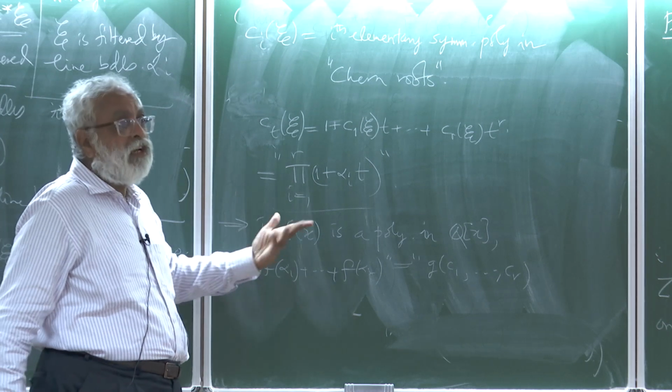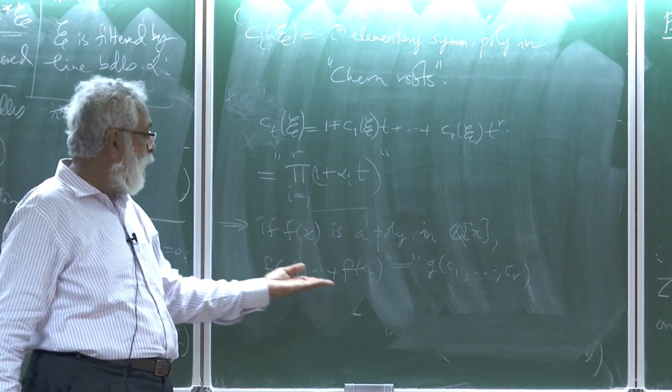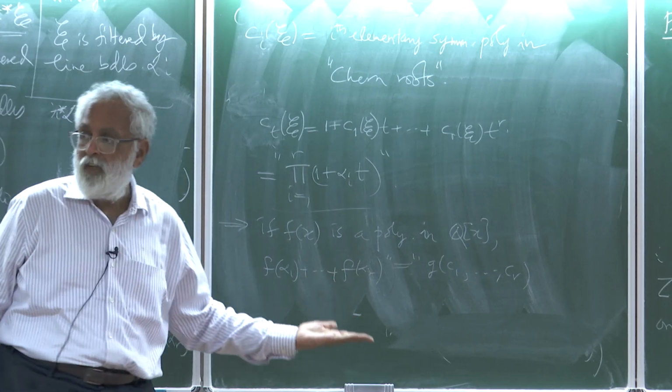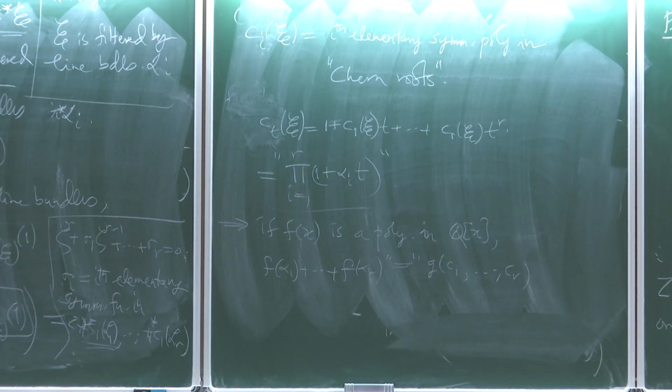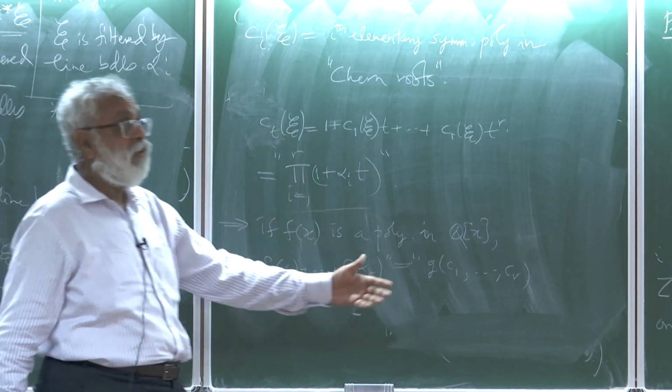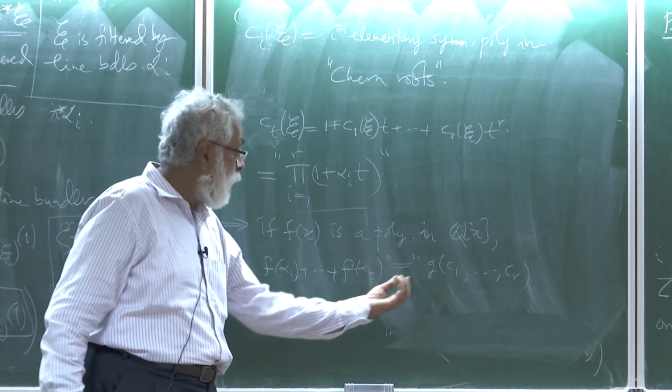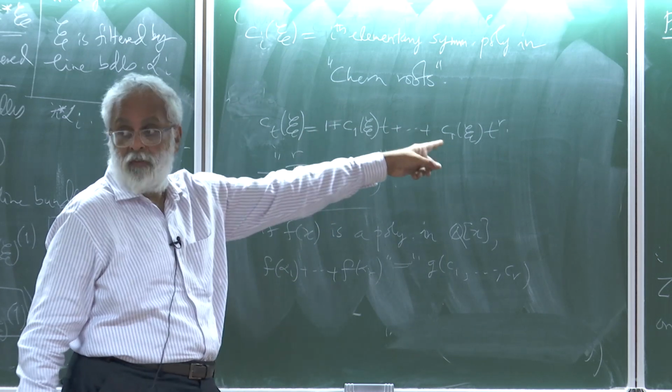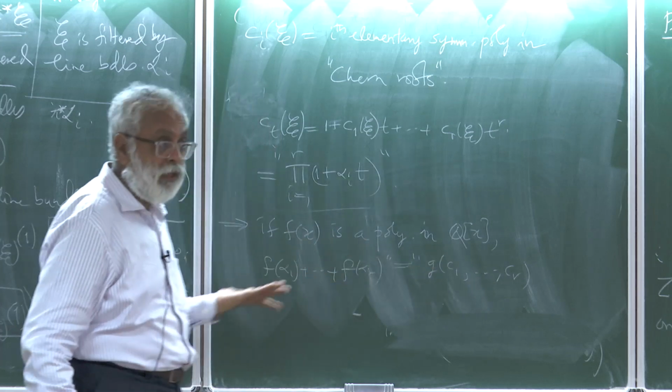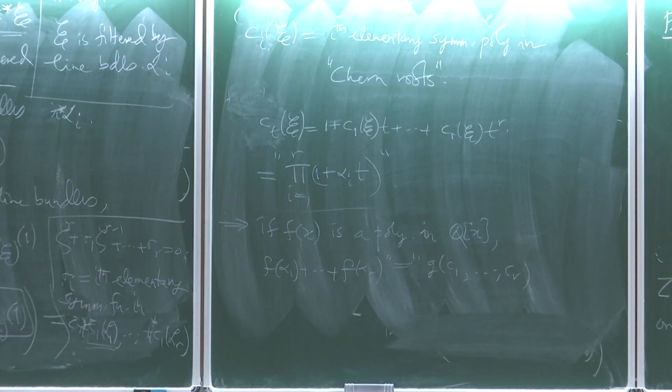So the general theorem on elementary symmetric functions tells me that any such rational polynomial in r variables, which is symmetric under permuting the variables, is expressible uniquely as another rational polynomial in the elementary symmetric functions. But the elementary symmetric functions are the c_i. Therefore, I get some polynomial expression in the c_i. This is a part of the formalism, right?